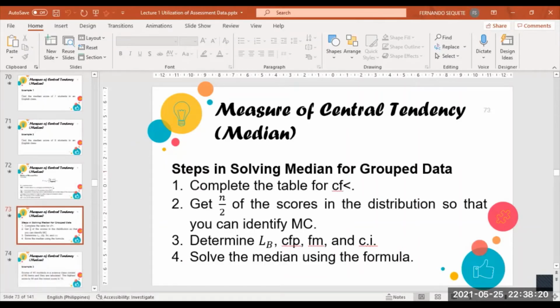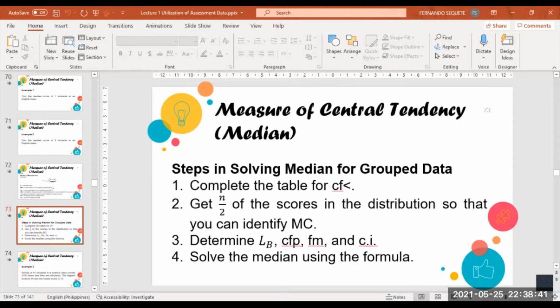Okay, and then of course we have here the steps in solving our median for grouped data. The first thing to do is to find our CF value. Okay, and I believe you are very familiar with how to get the n over 2, because I think the n over 2 is also one of the easy parts of this formula.